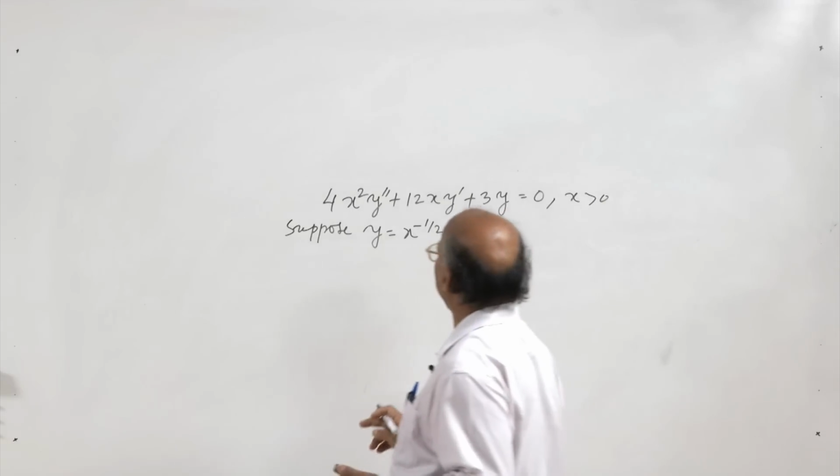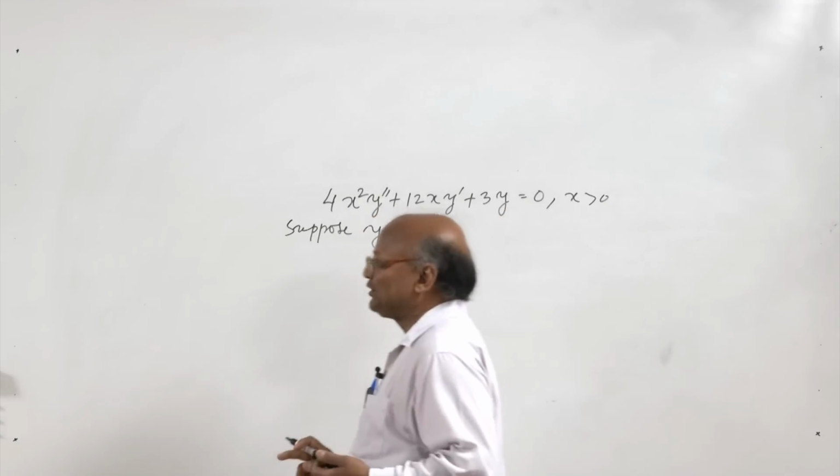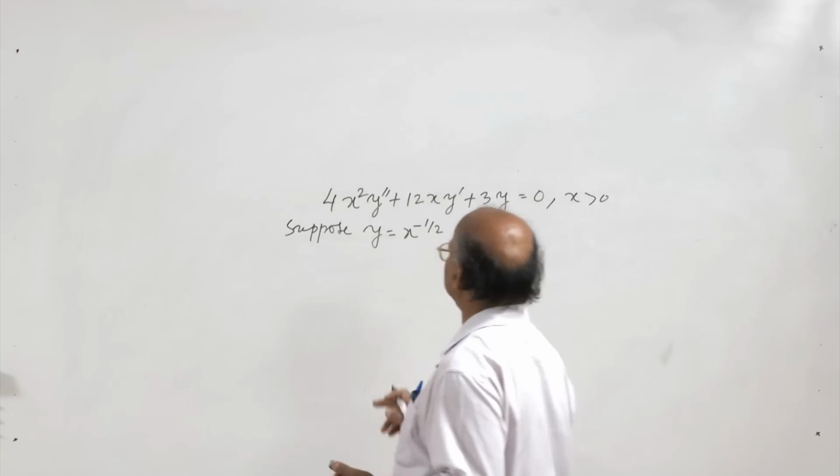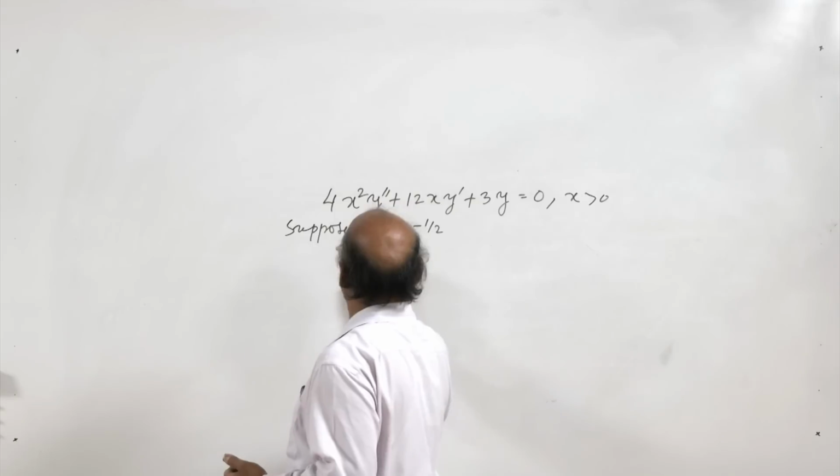Suppose we have y equal to x to the power minus half, we are going to see that y equal to x to the power minus half is a solution of this differential equation. So to see this, let us find its derivatives.